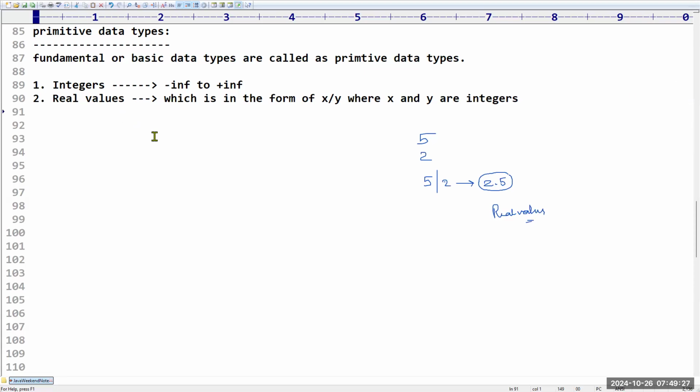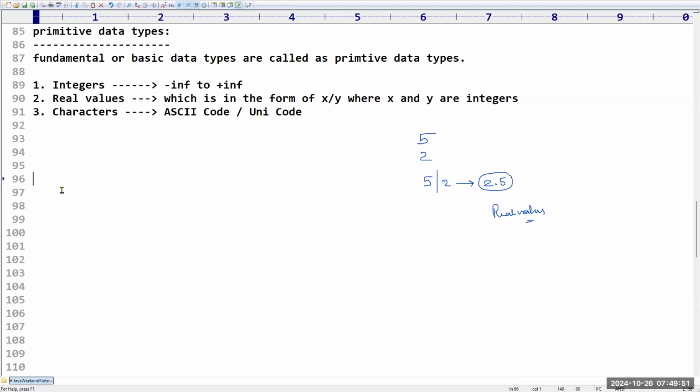Then what is the third category? The third category is characters. What are the characters? We have ASCII code formats or Unicode formats. We will talk about this later. ASCII means there is a special character set, and Java supports those characters.